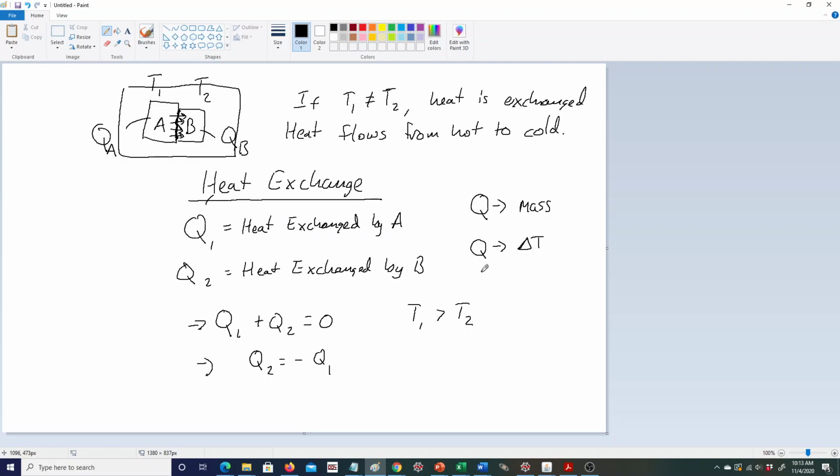There's also something else that heat is proportional to, and this is what we call the specific heat. Your specific heat, which we denote by the letter C, is the amount of heat necessary to raise a unit of mass by 1 degree in temperature. And our specific heats are going to be measured in per degree Celsius. If these are two different substances, one object may be like a metal.